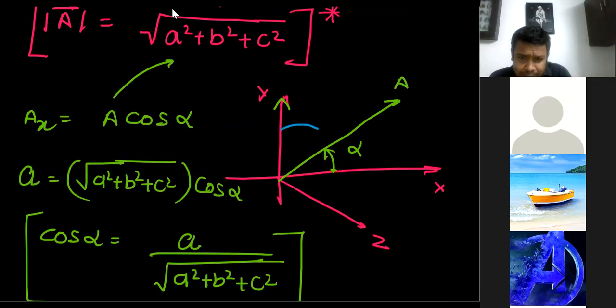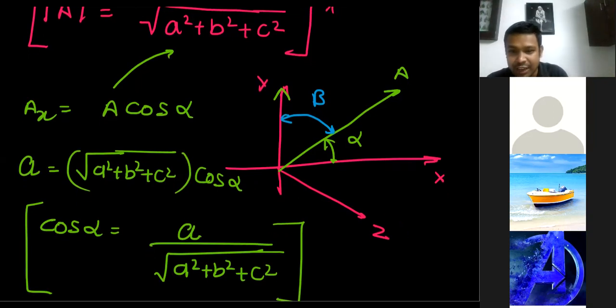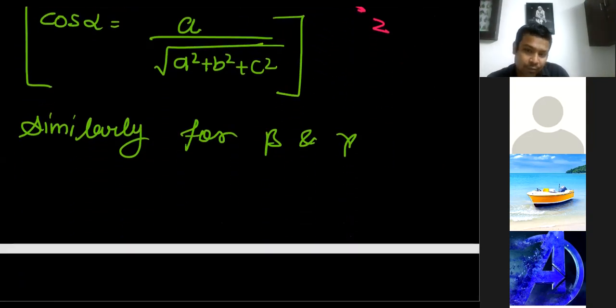If this vector makes an angle beta from y-axis, then what is the y component? If this vector makes an angle beta from y-axis, then it is A cos beta. Very good. This is A cos beta.